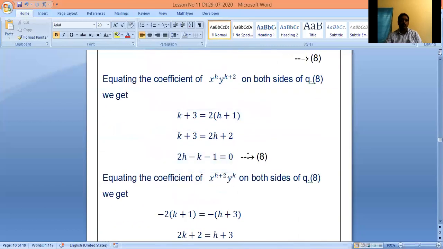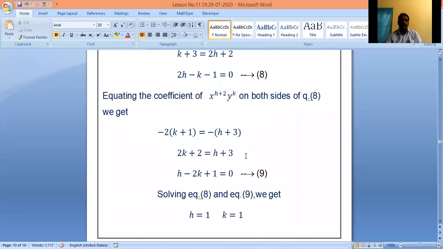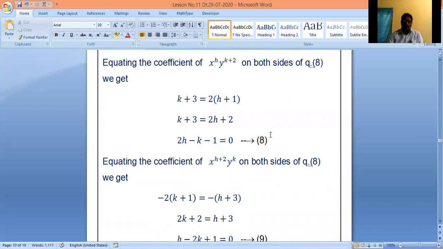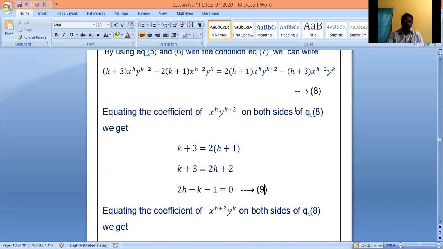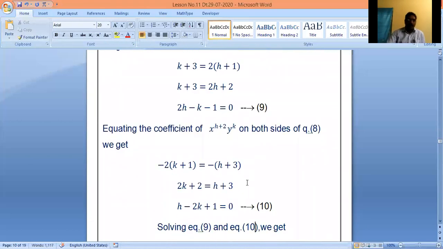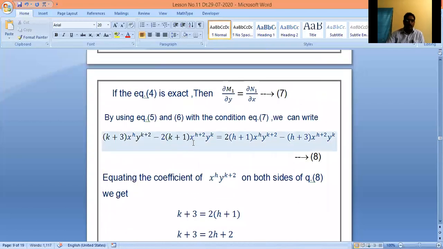Equating the coefficient of x^(h+2) y^k on both sides of equation 8. Here x^(h+2) y^k coefficient is −2(k+1).